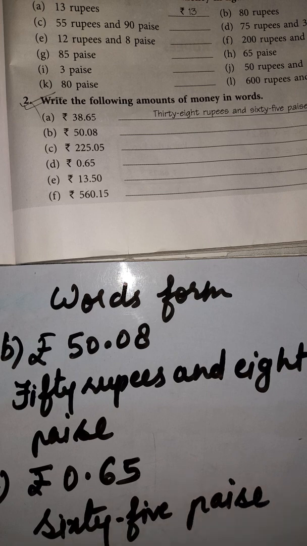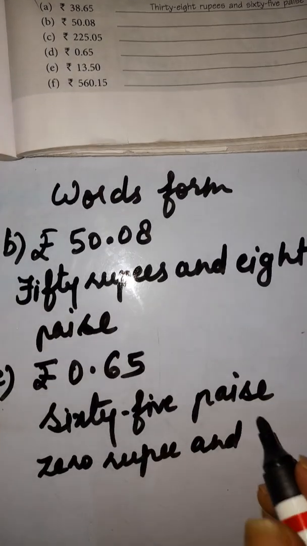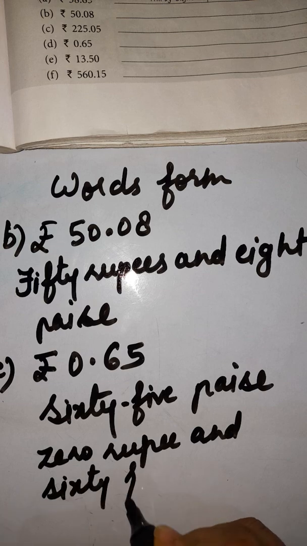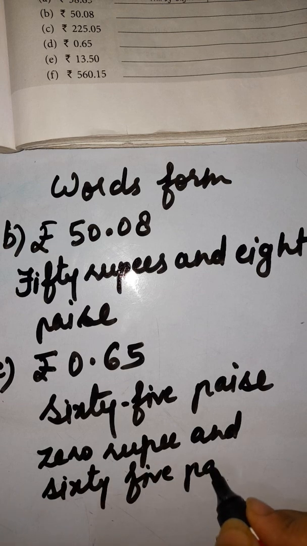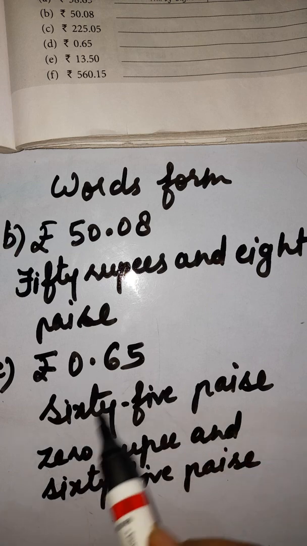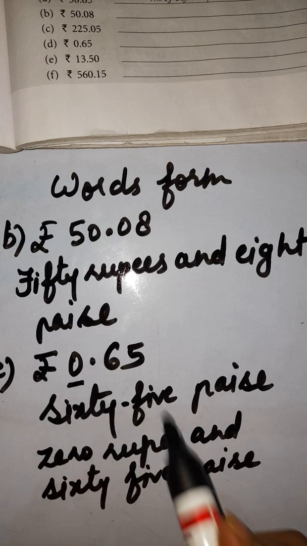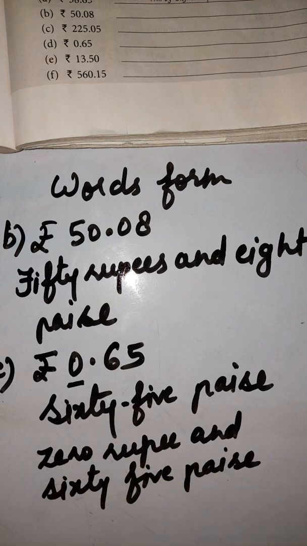Or you can write 0 rupee and 65 paise. You can write in both forms: only 65 paise, or here 0 rupee and 65 paise.